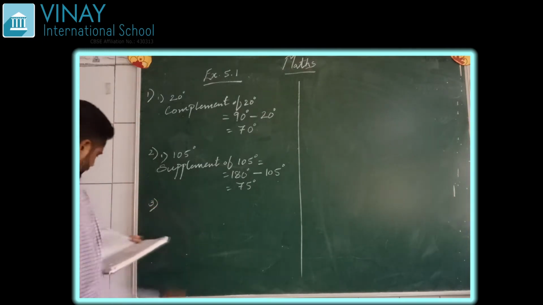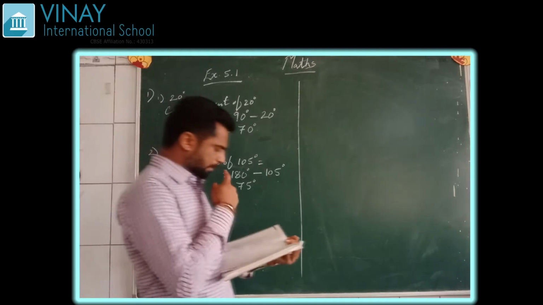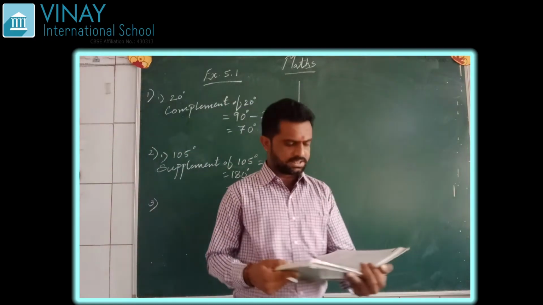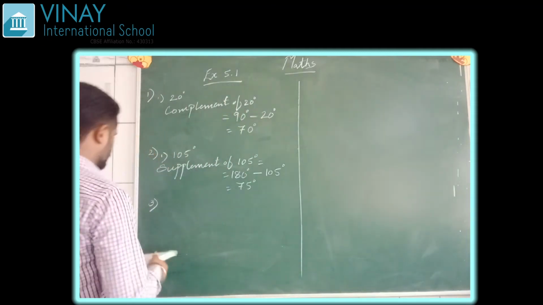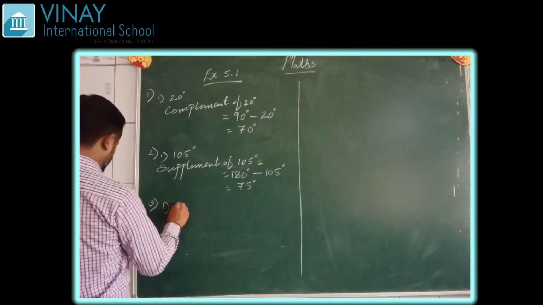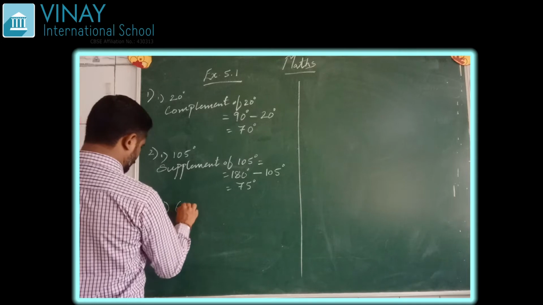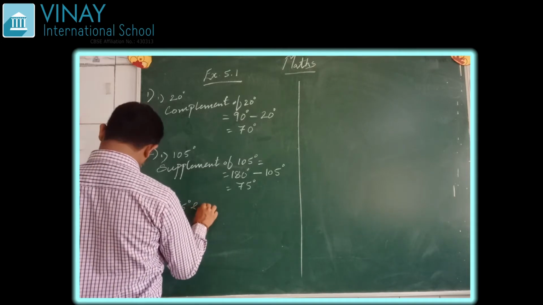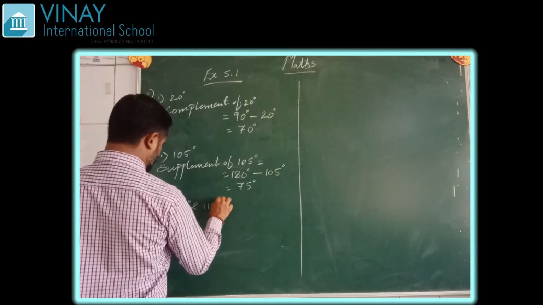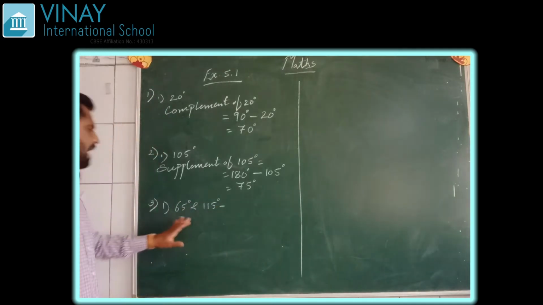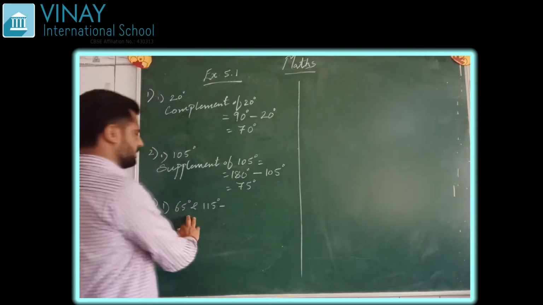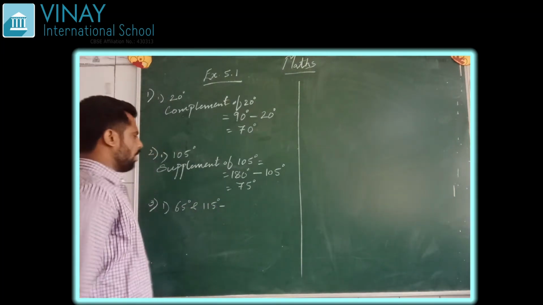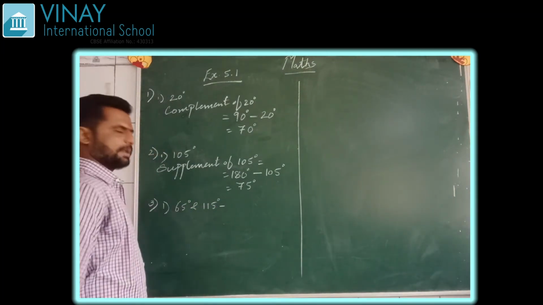Now let us see question number 3. Question number 3 is identify which of the following pair of angles are complementary and which are supplementary. In that the first one, it is given that 65 degree and 115 degree. We need to find out whether these angles are complementary angles or supplementary angles.